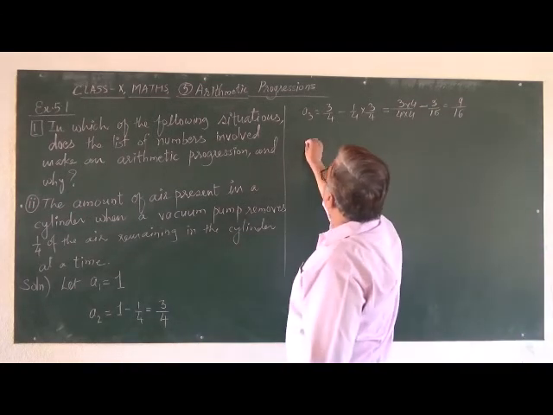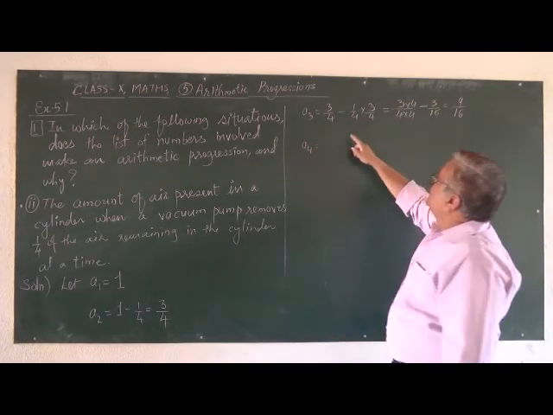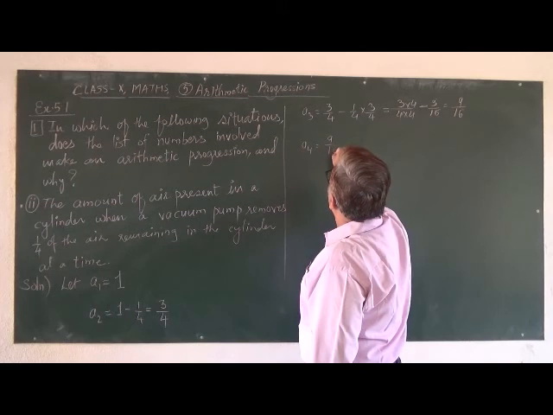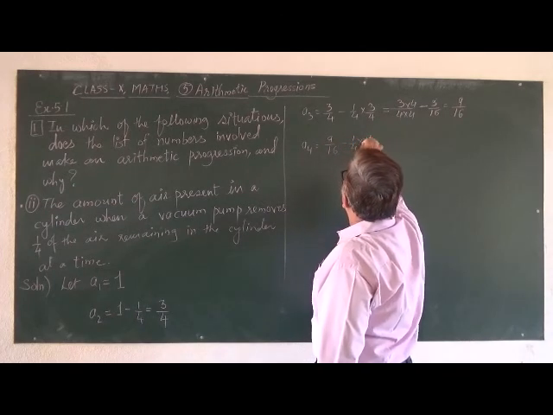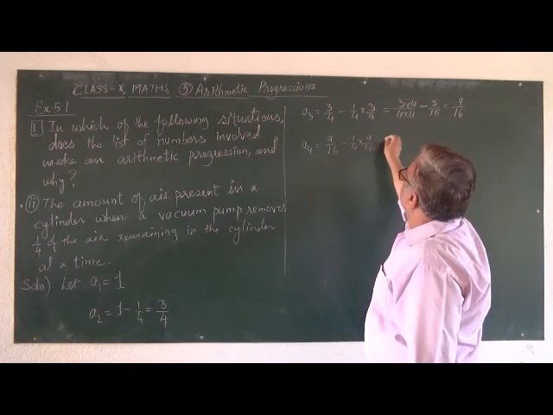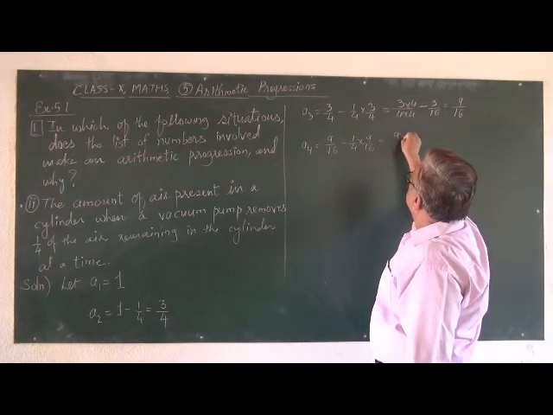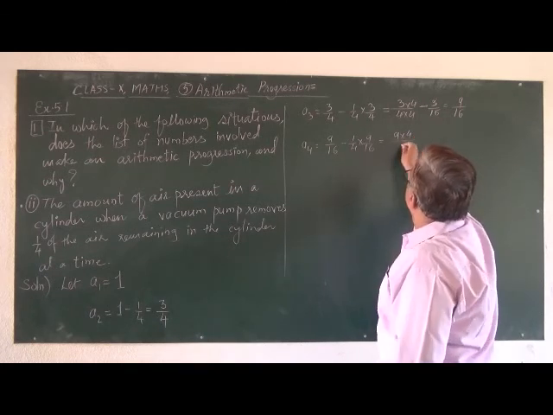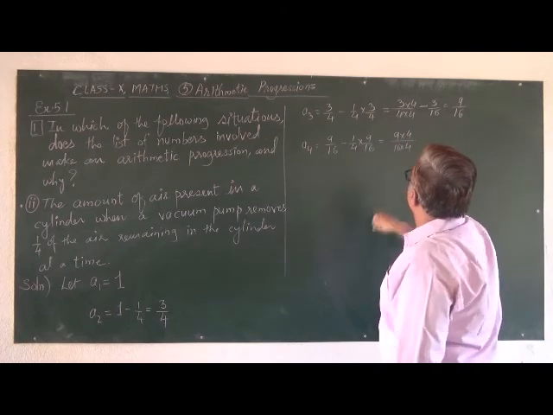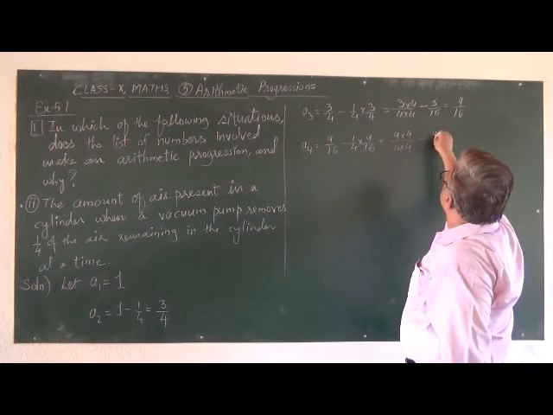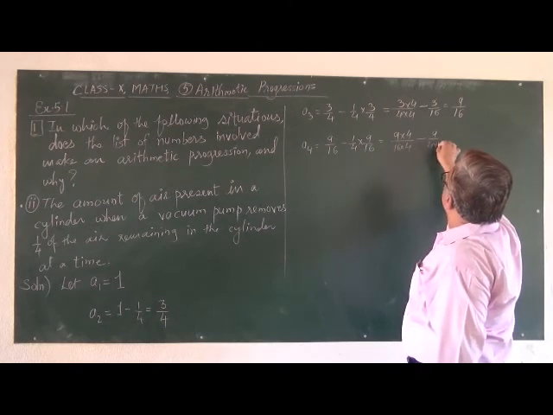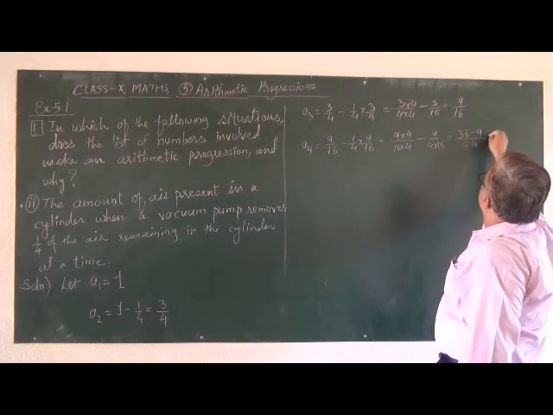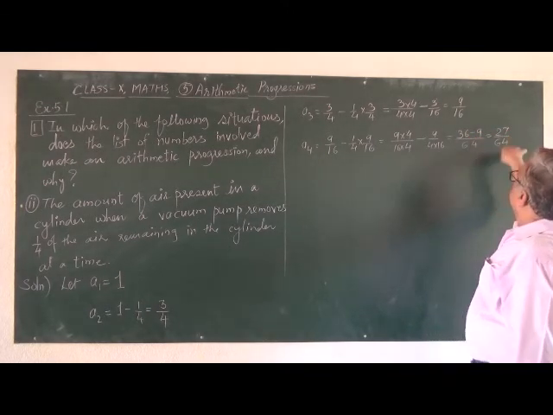Let us find the fourth term. Now how much air remains? 9/16. So 9/16 minus 1/4 of 9/16 will be removed. That gives 36 minus 9 upon 64, and that is 27/64.